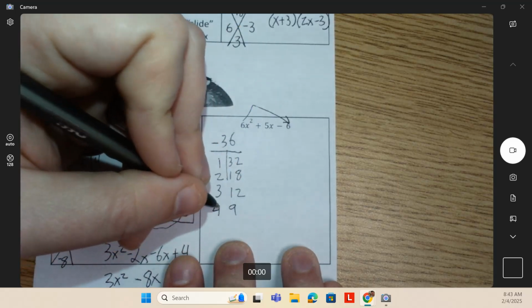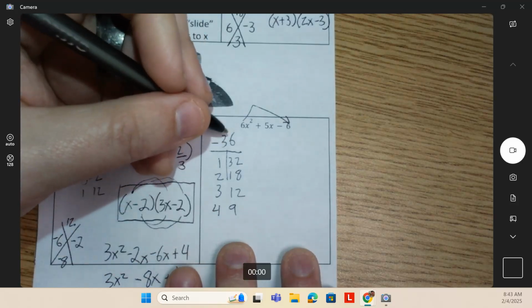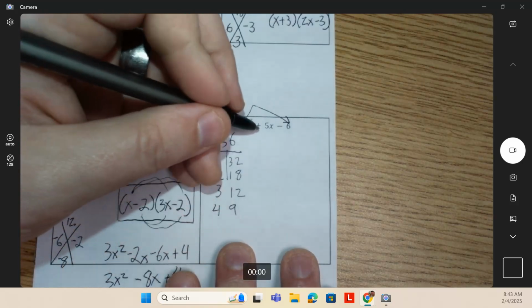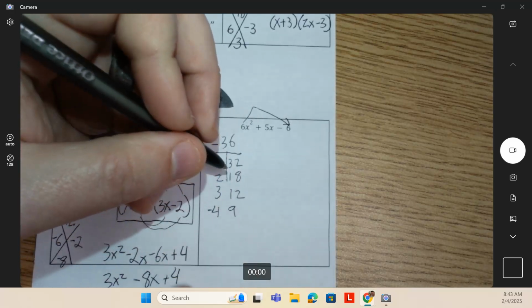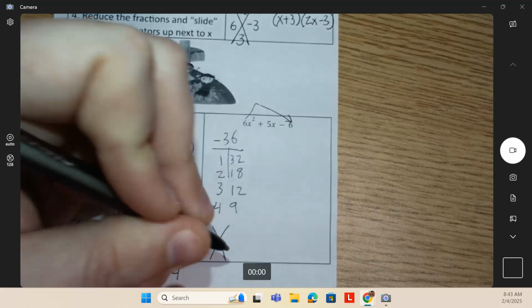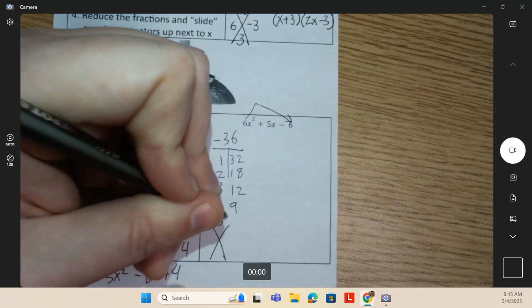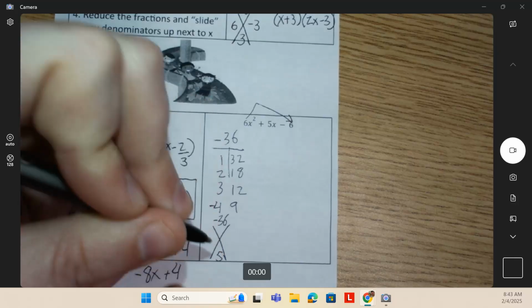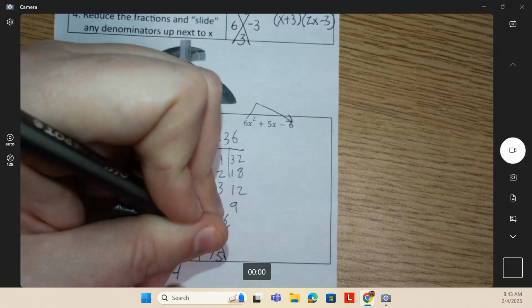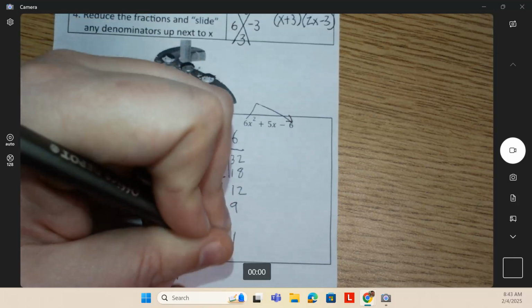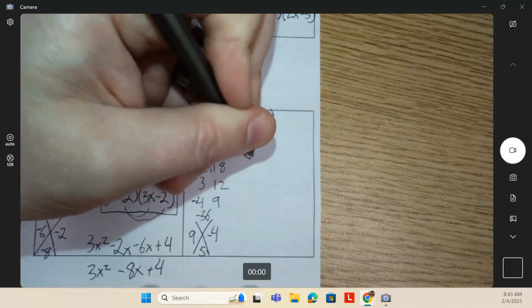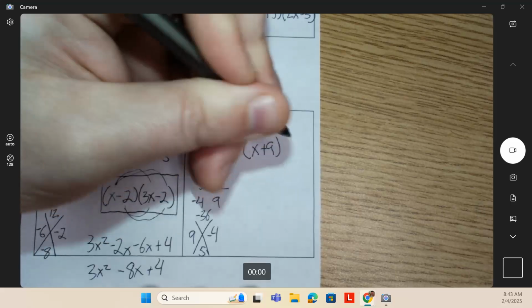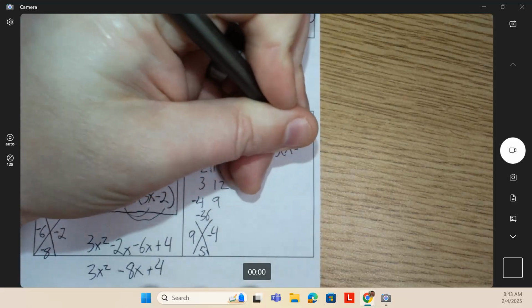Looks like 9 and 4 are going to have a difference of 5. And so my larger number needs to be positive. That makes the smaller number negative. So I had negative 36, a positive 5. So 9 and negative 4 were my numbers. So x plus 9 and x minus 4.